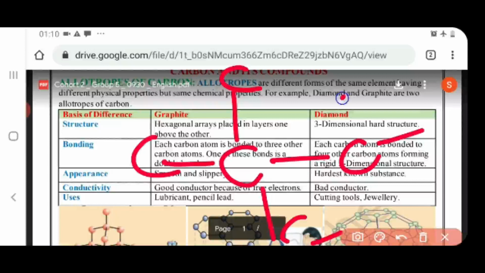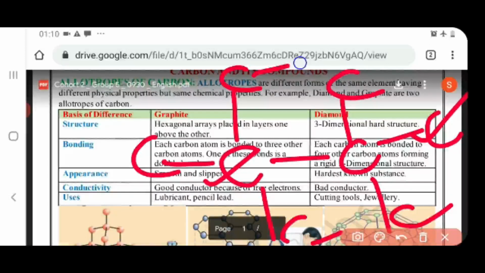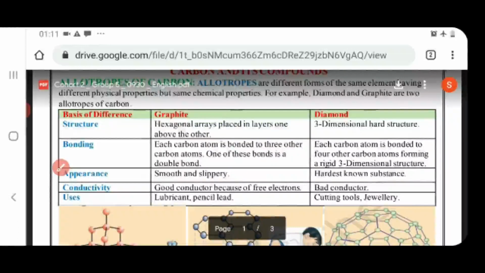Again this carbon will be attaching to 4 other carbon atoms. So one is this, one is this, the other one is this, again one more here, one more here. Now again all these carbons will be attached by other carbon atoms by bonding. What bonding is it? It is bonded to 4 carbon atoms. Each carbon atom is bonded to 4 other carbon atoms.